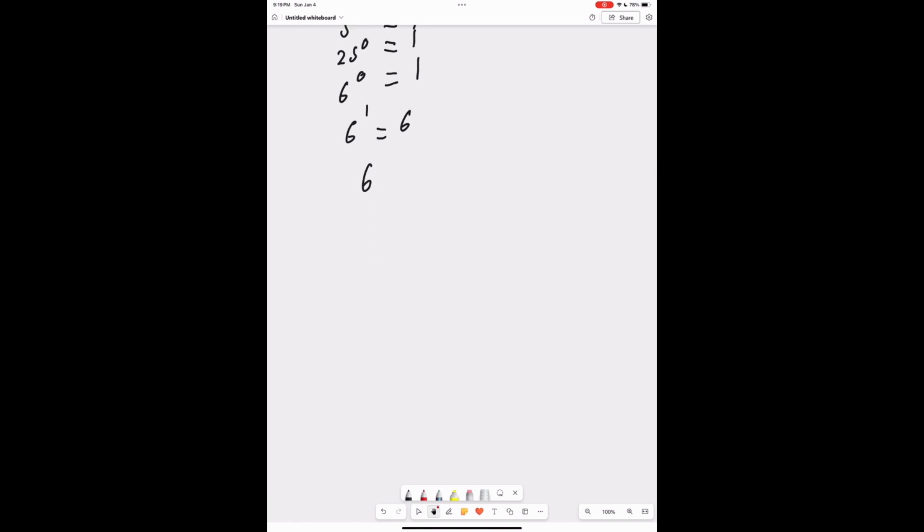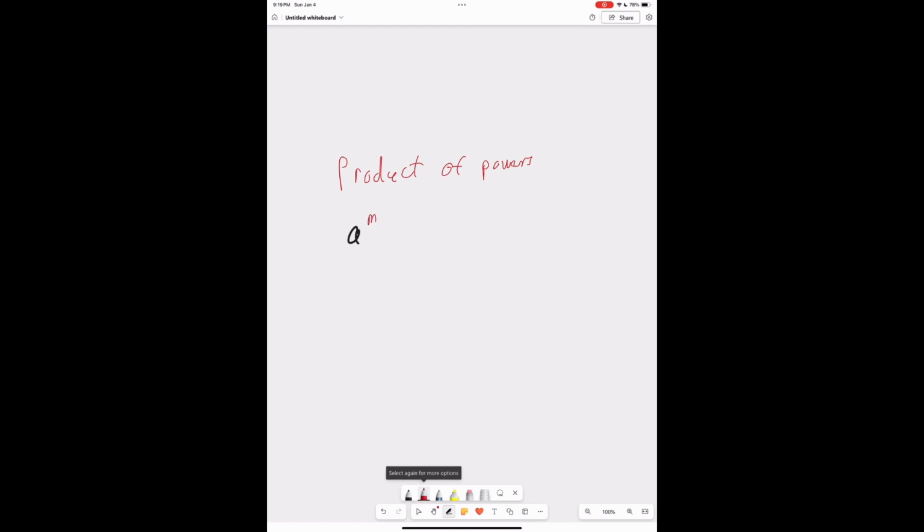One of the most important properties is the product of powers. If you have a to the m times a to the n, it becomes a to the m plus n.